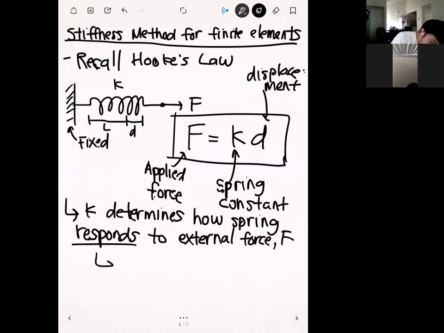Another thing to note is that this spring constant K is a property of the spring itself. So it's like a material constant for the spring.